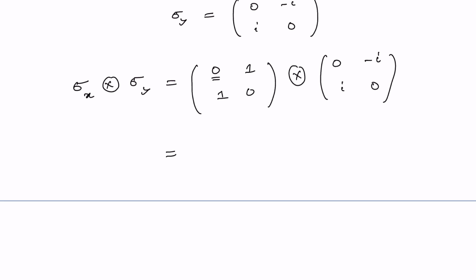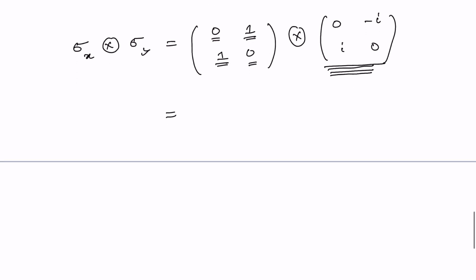Now this 0 is going to be multiplied by sigma y, 1 is going to be multiplied by sigma y, similarly 1 is going to be multiplied by sigma y, and similarly 0 is going to be multiplied by sigma y. So you can easily see that what you are going to get is a 4 by 4 matrix.